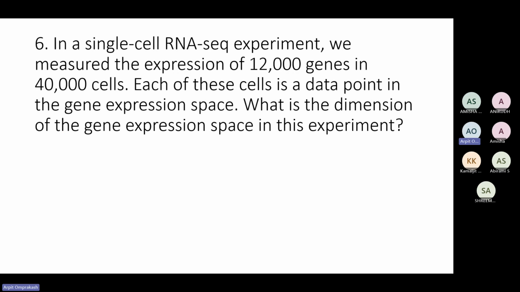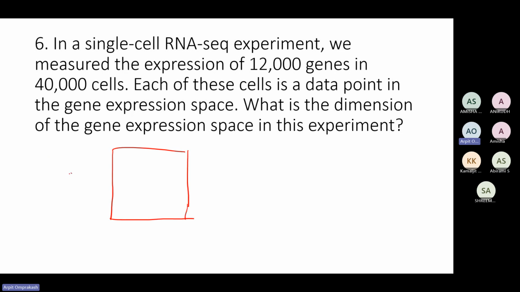The next question is, in a single cell RNA-seq experiment, we measured the expression of 12,000 genes in 40,000 cells. Each of these cells is a data point in the gene expression space. What is the dimension of the gene expression space in this experiment? So our data matrix will be like this.